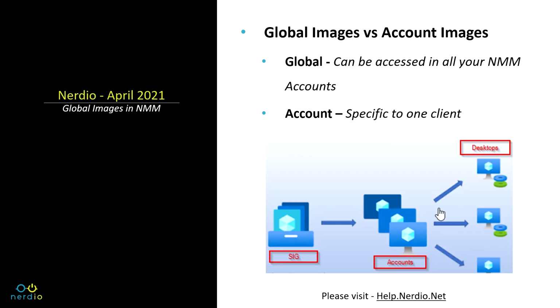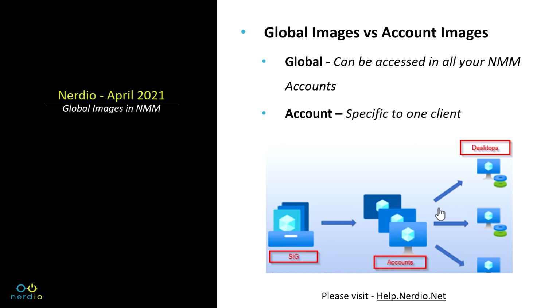Okay, we've talked about images. Now, what is a global image versus an account image, right? So a global image means that you're creating something that could be delivered down into all of your NMM accounts. Now, an account image or desktop image, as you would normally see it in Nerdio Manager for MSP, is specific to that client, right?